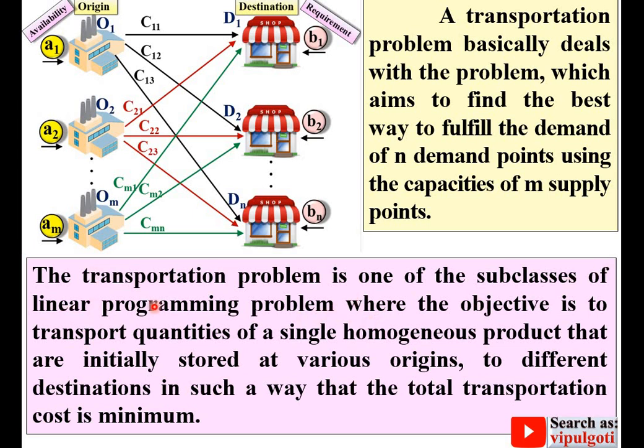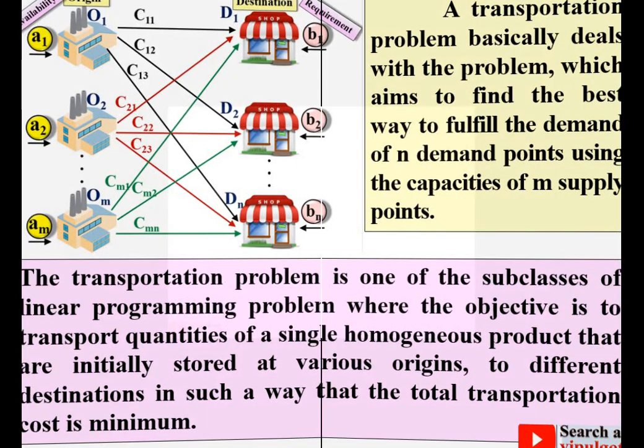As we have discussed, in case of linear programming problem, the products are different ones. Whereas in case of transportation problem, we want to transport quantities of a single homogeneous product that are initially stored at various origins to different destinations in such a way that total transportation cost is minimum.